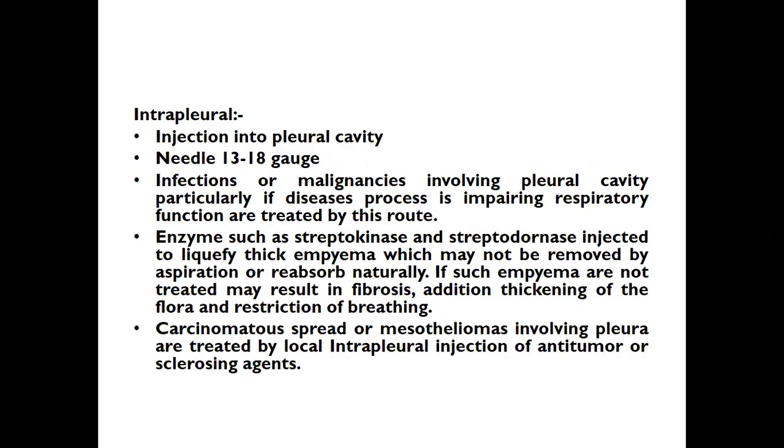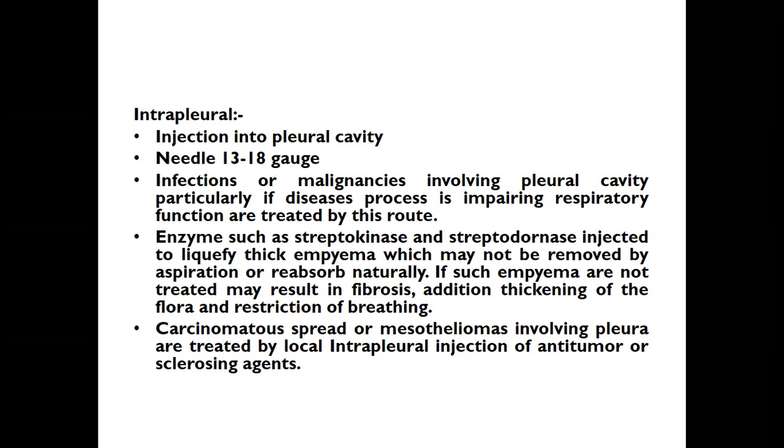Intrapleural: injection into the pleural cavity. The needle required is 13 to 18 gauge. Infections or malignancies involving the pleural cavity, particularly if the disease process is impairing respiratory function, are treated by this route. Enzymes such as streptokinase and streptodornase are injected to liquefy thick empyema, which may not be removed by aspiration or reabsorbed naturally.